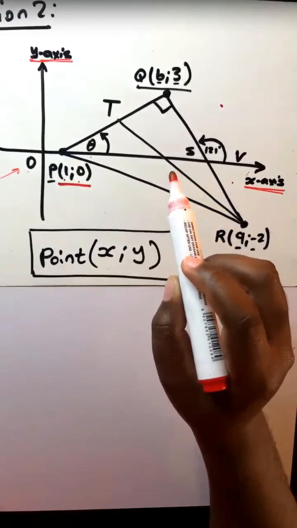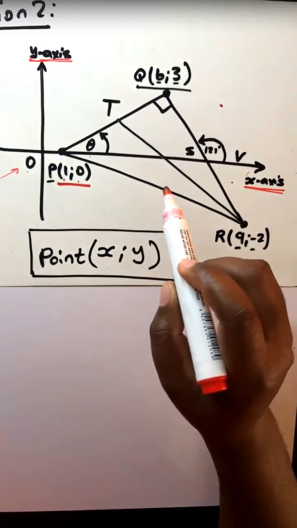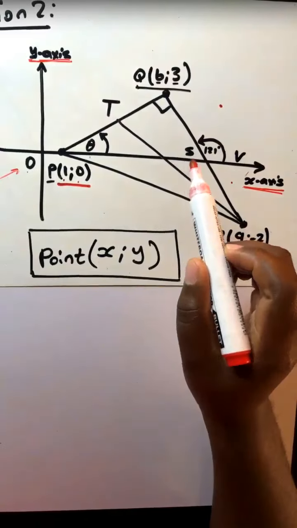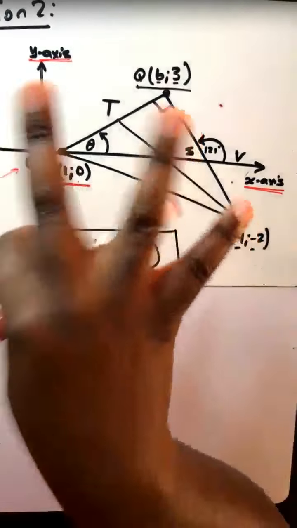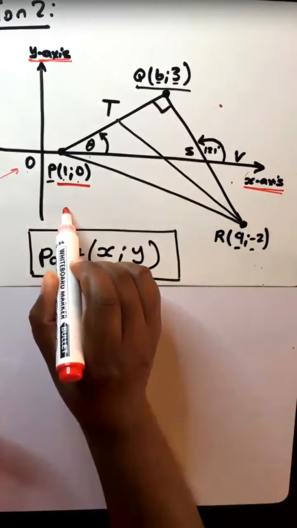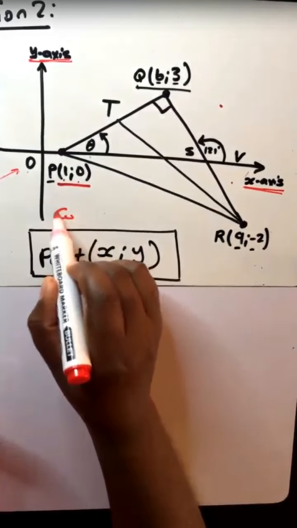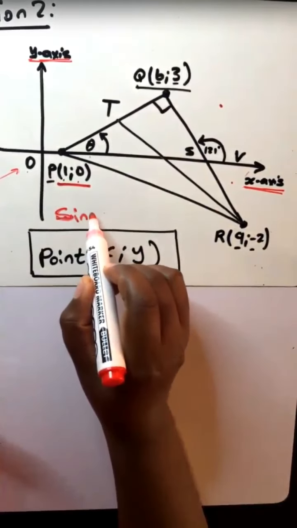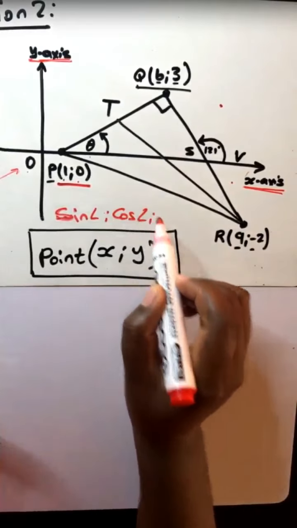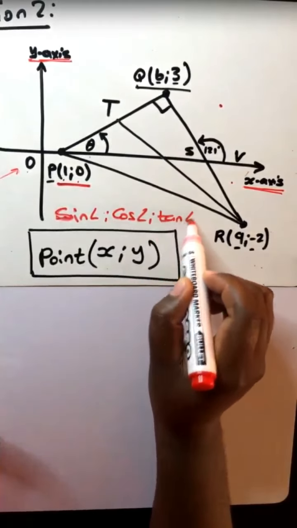What are the trigonometric ratios? Not functions, but ratios. What are the trigonometric ratios? Guys, we have only 3 trigonometric ratios, namely, let me just start with sine. It could be sine angle. We also have cos angle. We also have tan angle.